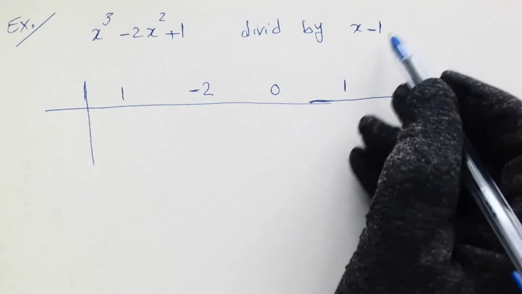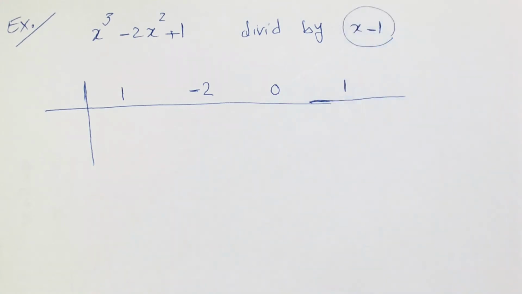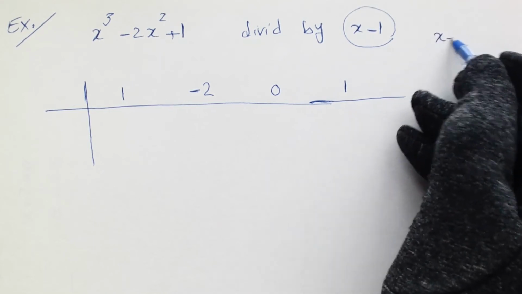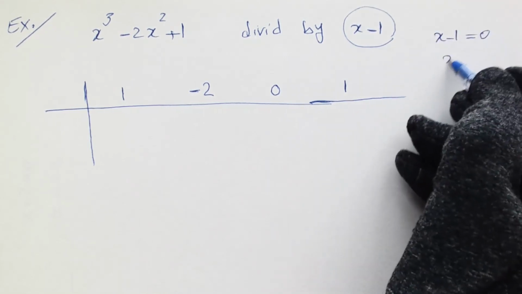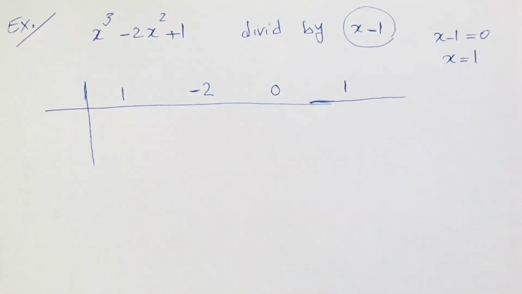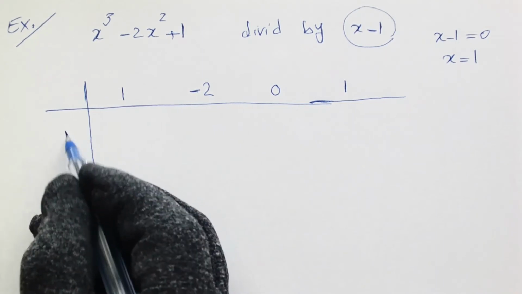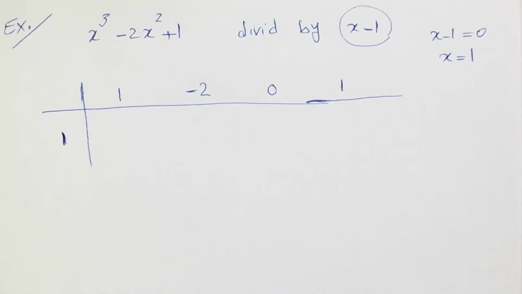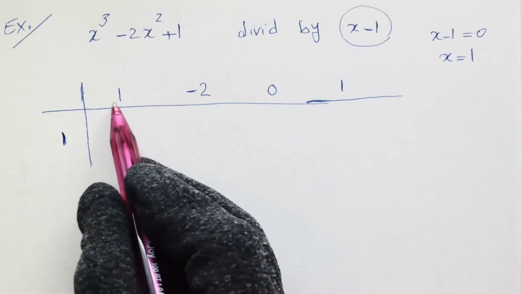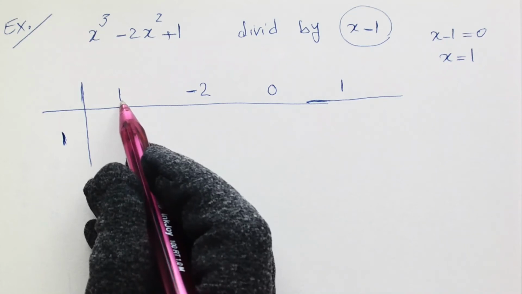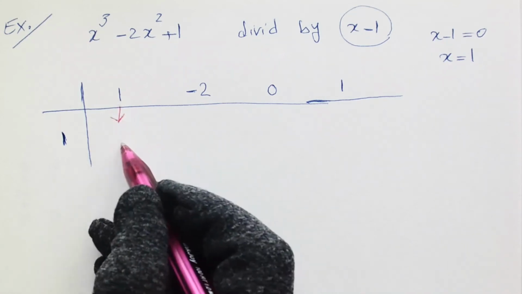Now, we have x minus 1 as our divisor. If you put x minus 1 equals 0 and solve this equation, x is 1. 1 is our magic number. We write it here. Now, we're going to start working. From the top row, we bring the first number, 1, down without any change.